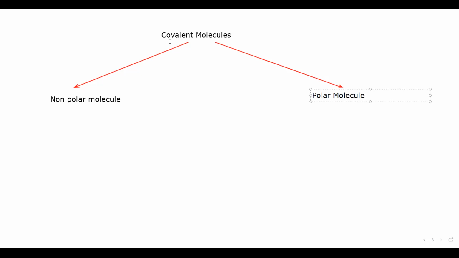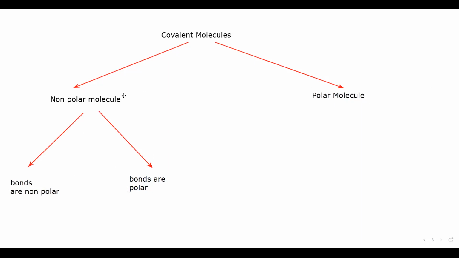If it is a non-polar molecule, then two possibilities are there. Maybe the bonds are also non-polar, and maybe the possibility is bonds are polar but the overall molecule will be non-polar. And how can we distinguish whether a molecule is polar or non-polar?